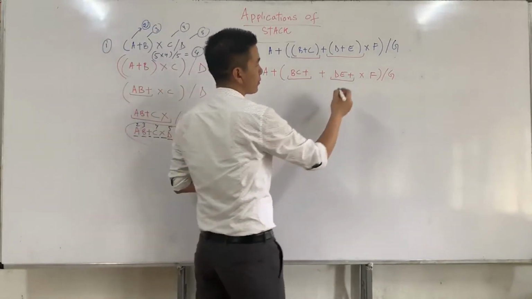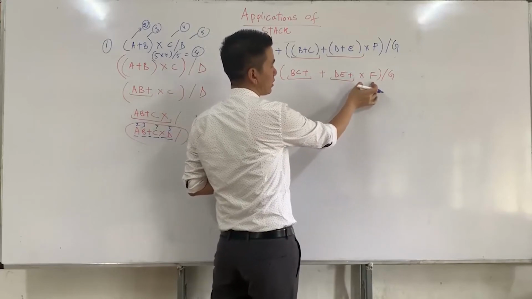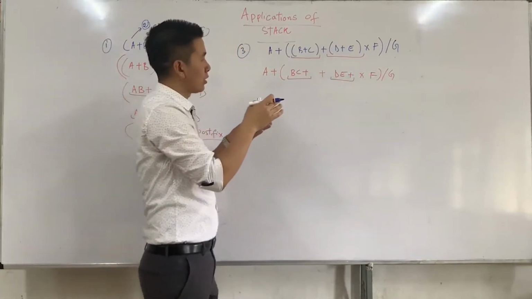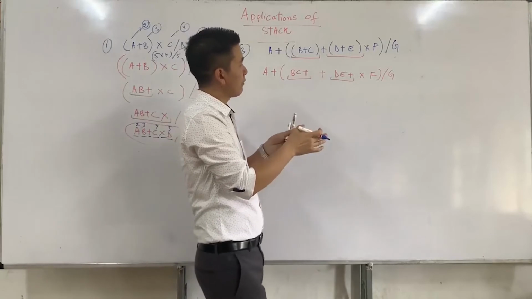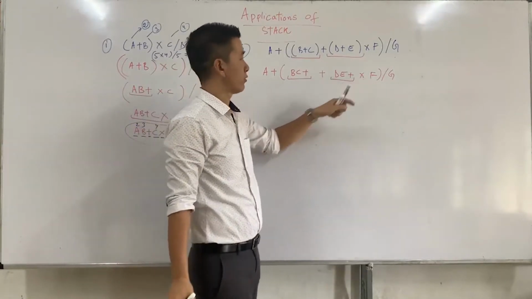So which means, I need to multiply this with this, because the plus operator's evaluation order is below the multiplication evaluation order, right?